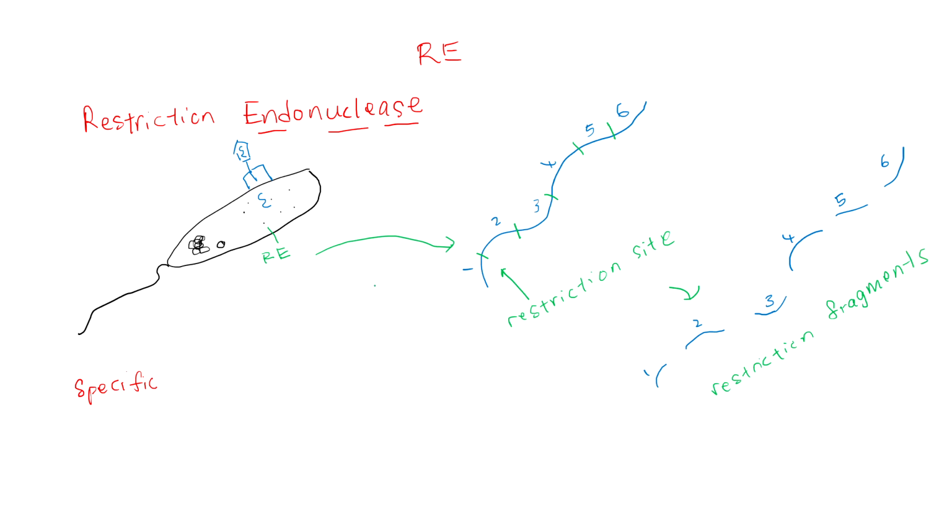So if a DNA sequence has 5 restriction sites, you're going to have 6 restriction fragments. Same thing, if you have 7 restriction sites, then you are going to produce 8 restriction fragments.